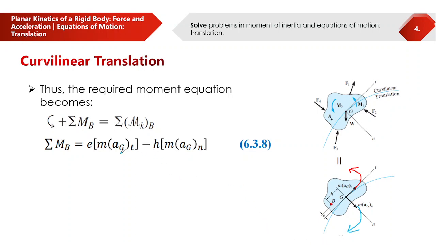Now, to simplify this analysis, the summation of all moments at point B will be equal to E, the moment arm of the tangential component, times m times a sub g sub t, minus, since it is opposing, that will be clockwise, the distance from point B to the normal component times the mass times the acceleration along the normal axis. So this is your new moment equation.